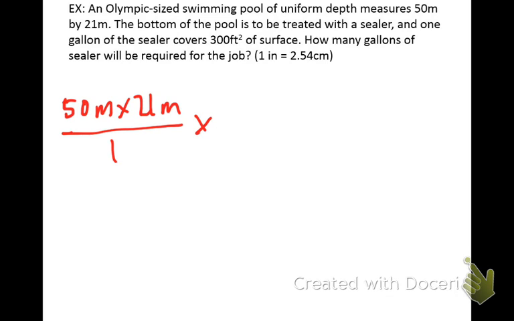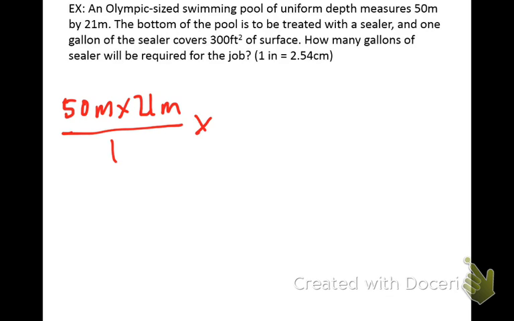And then since we're going to convert from inches to centimeters, we need to convert this meter squared to centimeters. So how would I do that? What would be my next line? Okay, Shatice. 100 centimeters equals a meter.